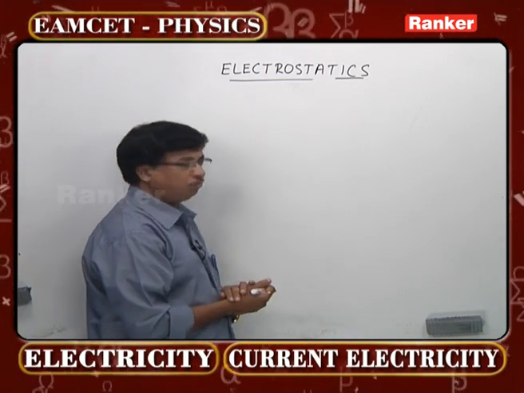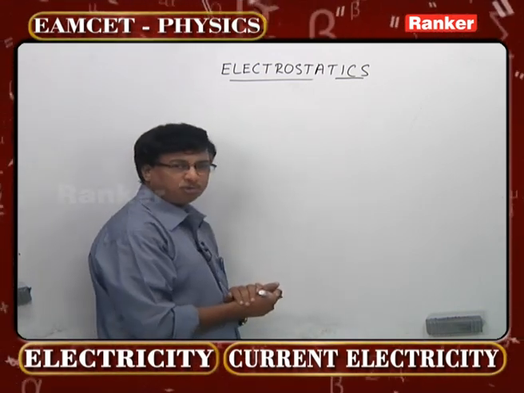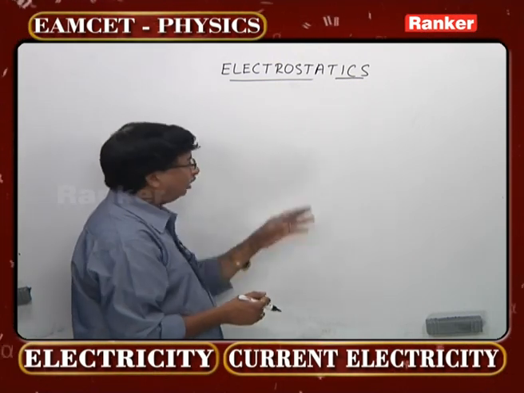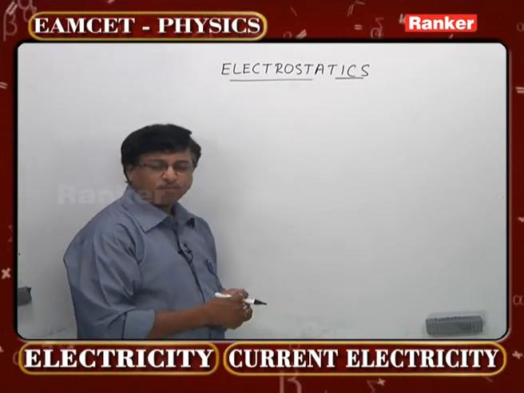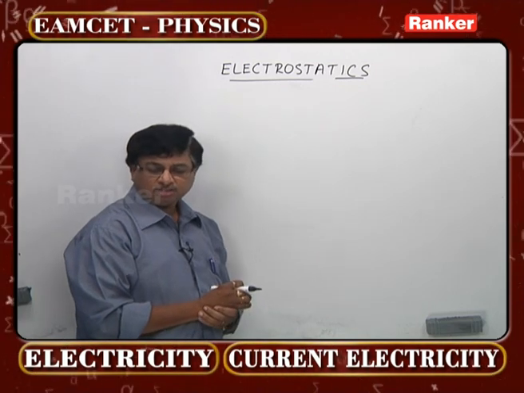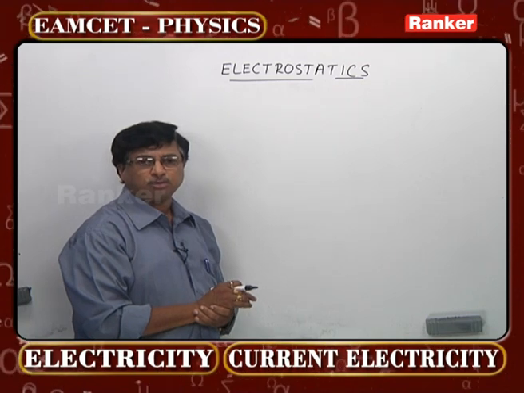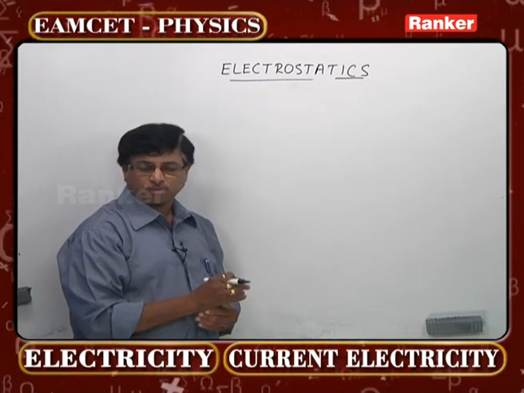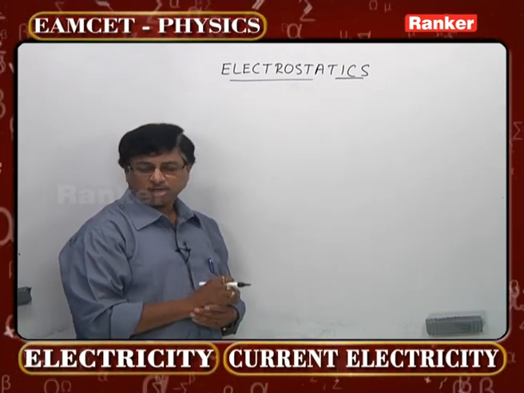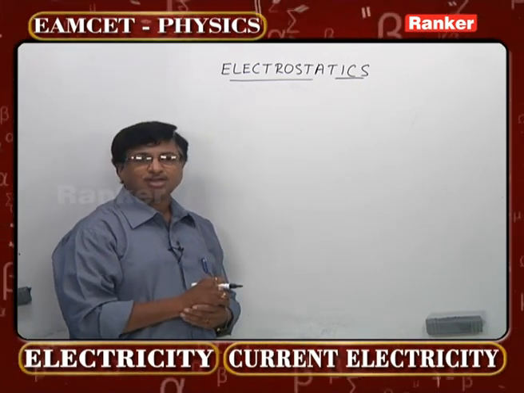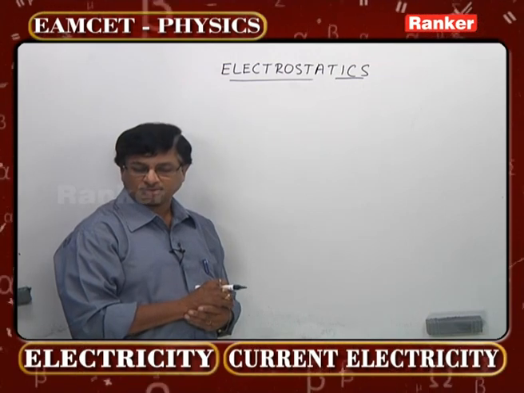Remember that capacitors are very important as far as this electrostatics chapter is concerned. The questions we have taken for this chapter are from the past 12 years of EAMCET papers, so you will also know the method they follow and what kind of questions they ask based on capacitors.